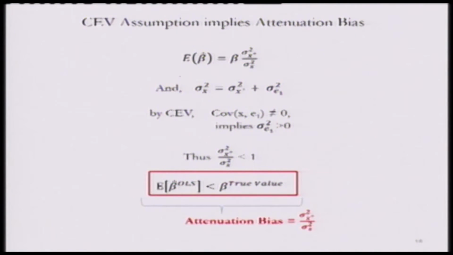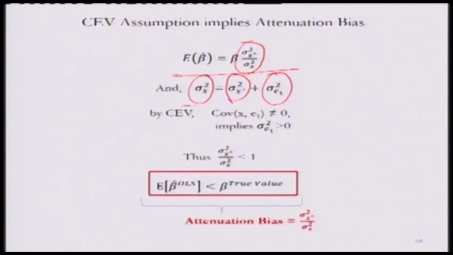So, what we do over here is we start from what we left off in the previous slide, the expectation of beta hat equal to beta times the bias term, and once again we see that the variance of x is equal to the variance of the true value of x plus the variance of the error term.